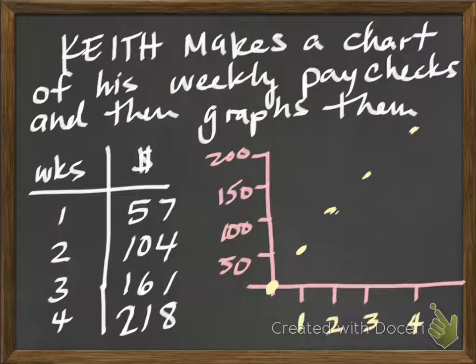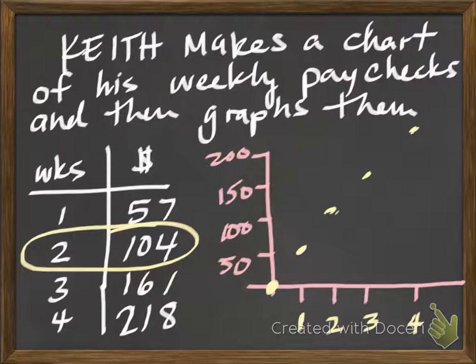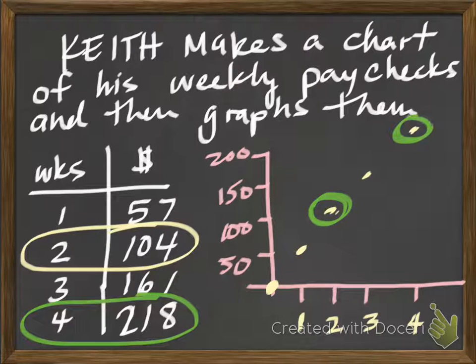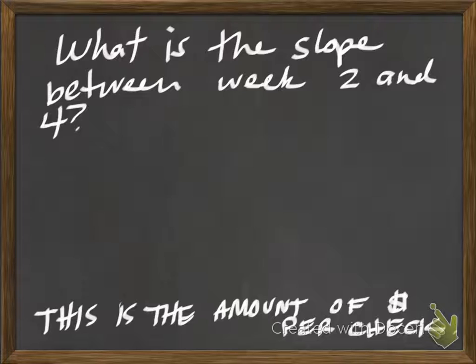Let's look at between week 2 and week 4. So we're going to focus on that point there. That was 2, 104. And this point here, that was 4, 218. 2, 104 and 4, 218.